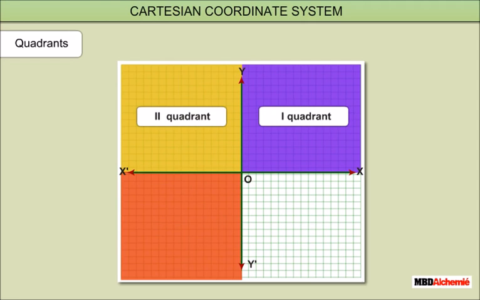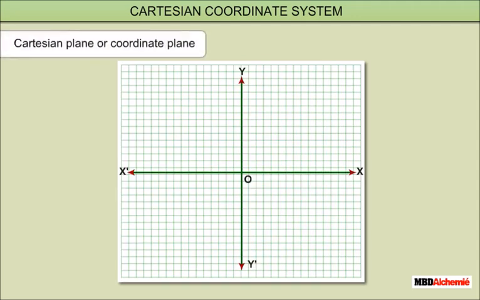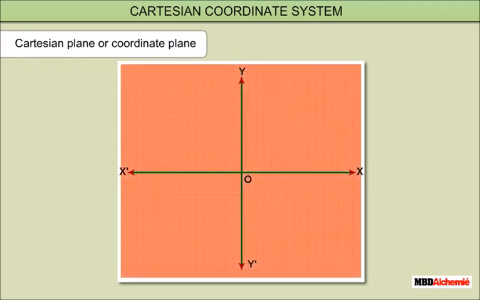The region X'OY' is called the third quadrant. The region Y'OX is called the fourth quadrant. Cartesian or coordinate plane: The plane containing both the coordinate axis and the four quadrants is called the Cartesian or coordinate plane. It is also called the XY plane.